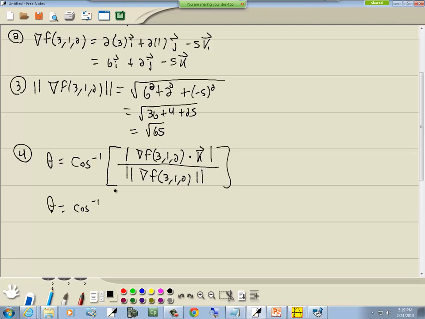Okay. So we've got the absolute value, and del f of 3, 1, 2 is equal to 6i plus 2j minus 5k, dot product with k. Absolute value around those. And this one we already found. That was in step 3. That's square root of 65.